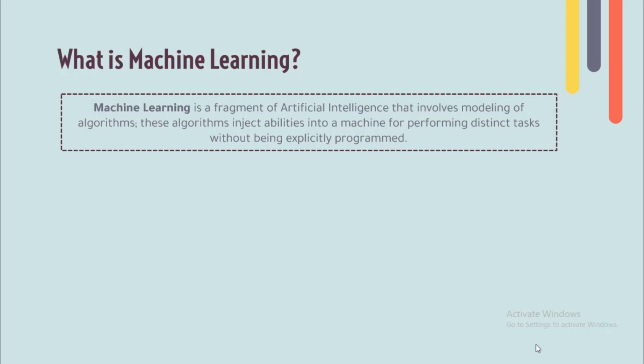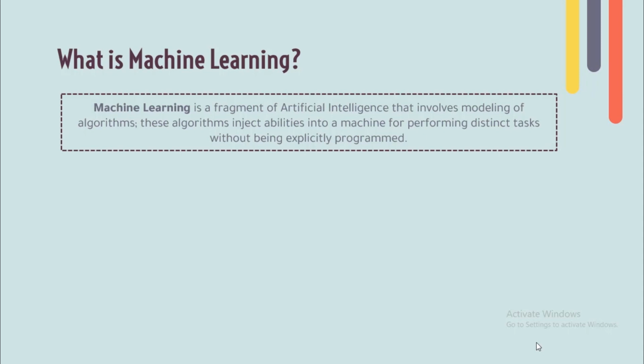As is evident from the name, it gives the computer, which makes it more similar to humans, the ability to learn. And machine learning is actively being used today, perhaps in many of the places that one would expect. In actuality, machine learning is an application, or you can say a subset, of artificial intelligence, and it gives devices the ability to learn from their experiences and improve themselves without doing any coding.